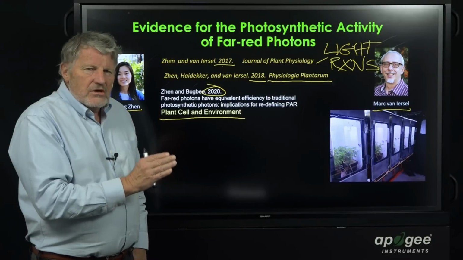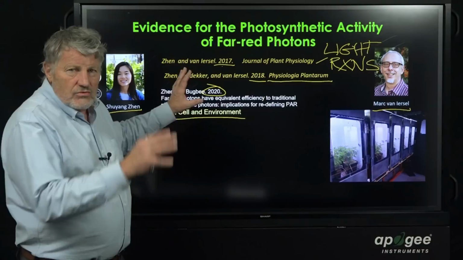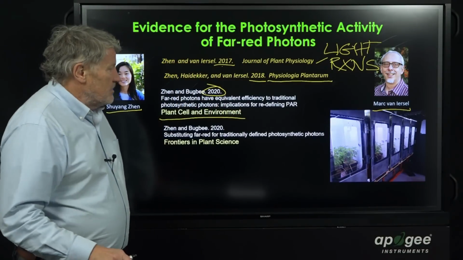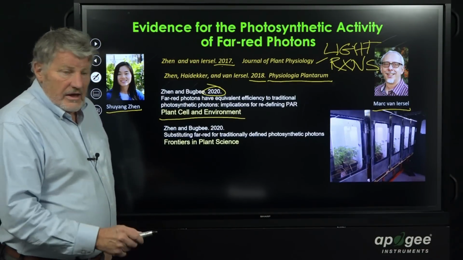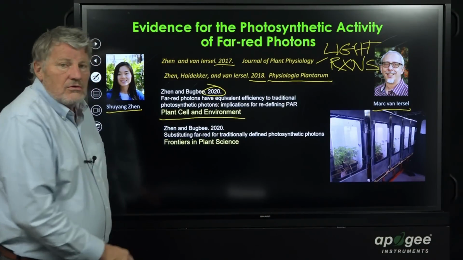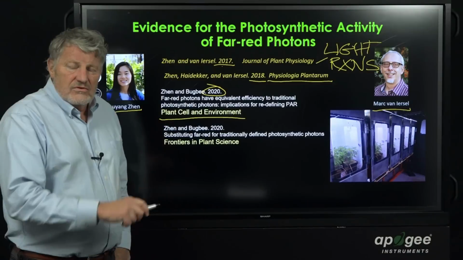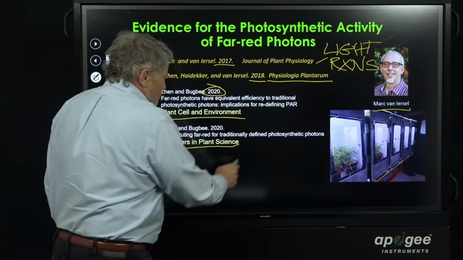We kept going because we were interested in the long-term effects. This was short-term effects with and without far-red on canopy photosynthesis. So we did a study with long-term effects through the whole life cycle, and again showed these far-red photons had equivalent efficiency to the shorter wavelength photons. And this is in Frontiers in Plant Science.